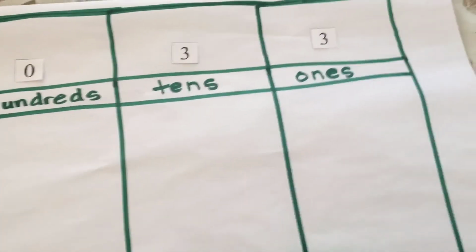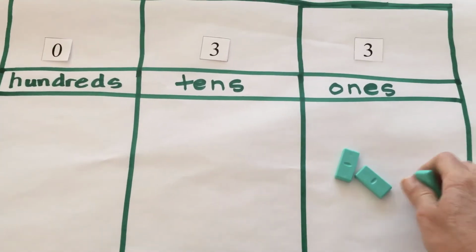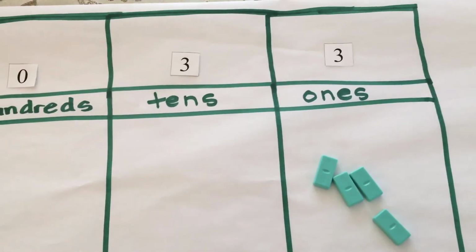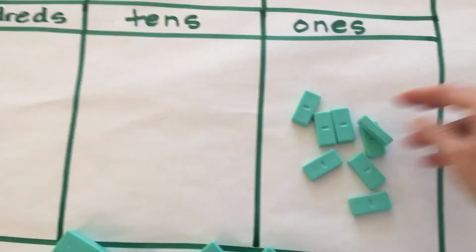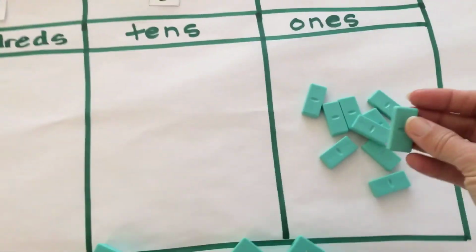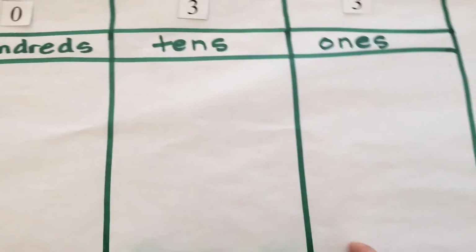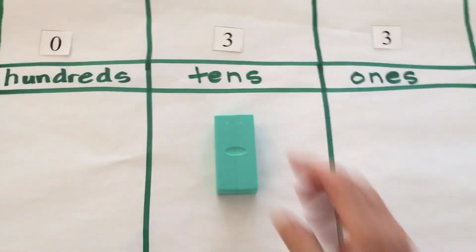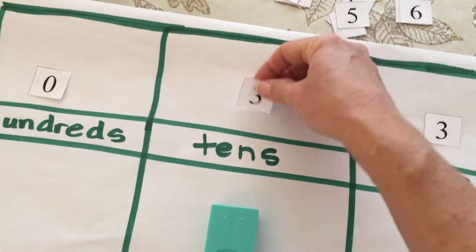So I could have them count up to 33 and count 1, 2, 3, 4, 5, 6, 7, 8, 9, 10. Okay, I need to trade these in for a 10 and then put it here. And then, okay, now I have 10, but I'm trying to get to 33.